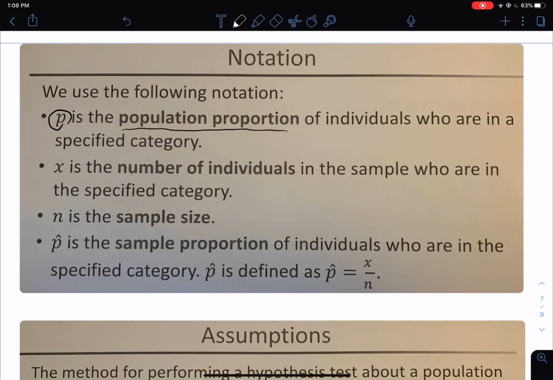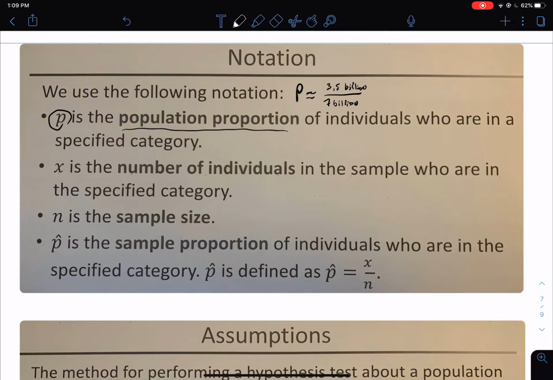So, for instance, if I want to know the population proportion for people who wear glasses in the world, it'd be a very hard number to get to, right? You would have to go out and talk to all 7 billion people in the world, and then let's say you interviewed them and 3.5 billion people told you that they wear glasses.